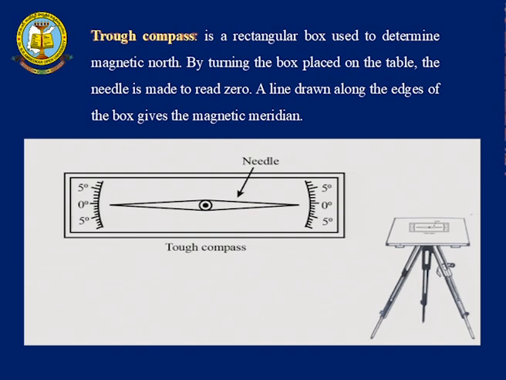By turning the box placed on the table, the needle is made to read 0. When it comes to 0, at that time you have to draw the line along the edges of the box, and that gives the magnetic meridian. So, on the paper sheet you have to draw the magnetic north.